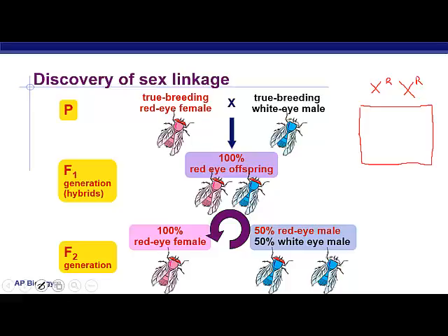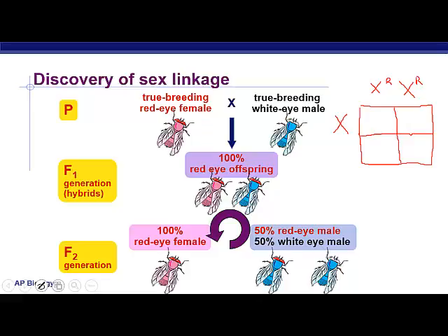We're going to cross her to a white-eyed male. Now, here's the thing about sex-linked traits. The X chromosome carries the trait. The Y chromosome does not. So always, the Y chromosome does not have the gene on it. So this guy over here is X, and what letter should he have next to his X? A big R or a little r?